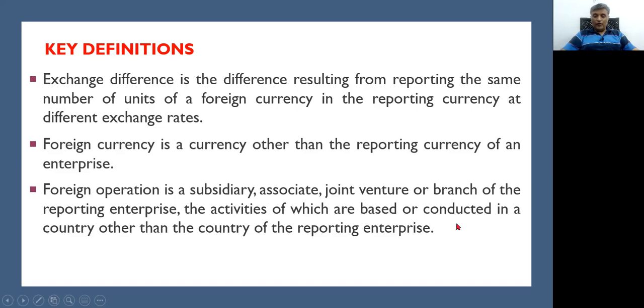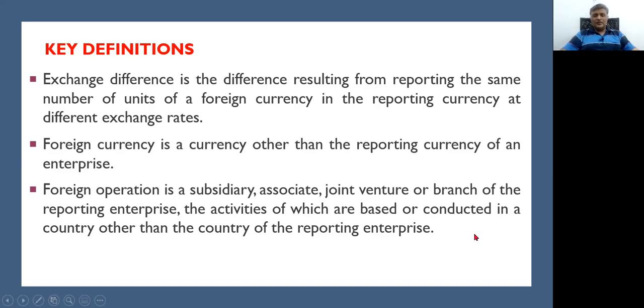When I say integral foreign operation, it means it's wholly dependent on the head office. It is an extended arm of the head office, or we say the reporting enterprise. Whereas when I say non-integral, it's more like an independent branch. They have their own set of rules. That's important.